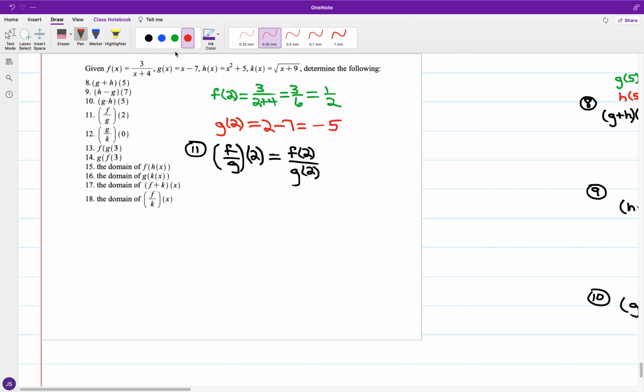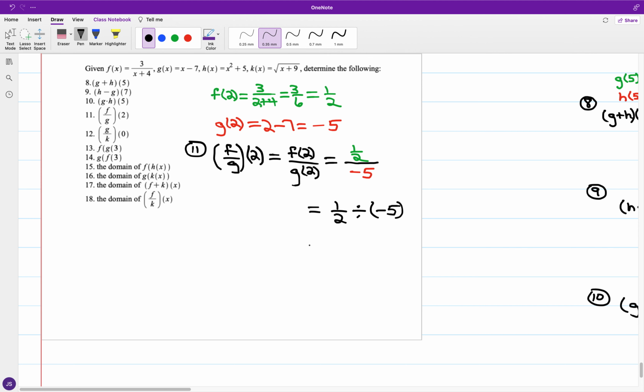Okay, and so following through, we got f of 2 is going to be 1/2. And we have divided by g of 2, which we have at -5. So we have 1/2 divided by -5.